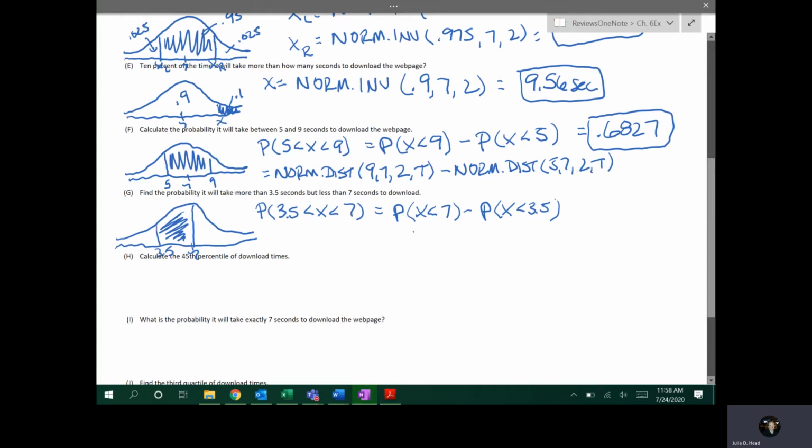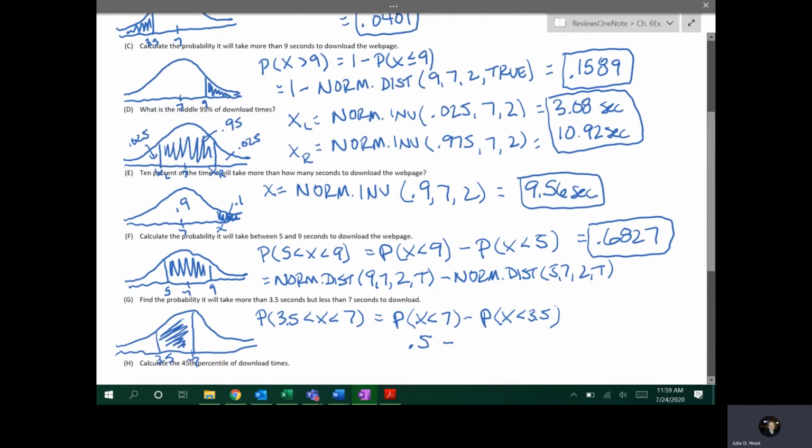The first calculation that we could type into Excel using norm.dist is the probability that x is less than 7, but we hopefully agree that this number is going to be 0.5. Since 7 is the mean and it's bell-shaped, half should be below 7 and half should be above 7. And the other coincidental thing about this question is the probability that x is less than 3.5.